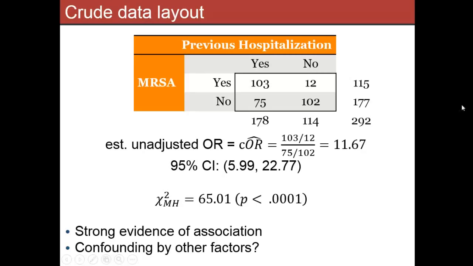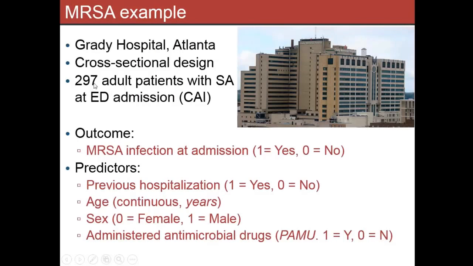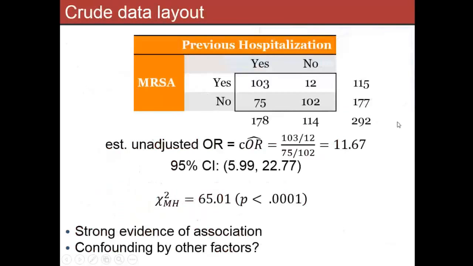There were 297 patients. We have 292 that have complete data for this analysis on all the variables. And in these 292, we see that the people that have been exposed to our exposure, which we're going to consider here as previous hospitalization, are by and large way more likely to have their infection be resistant.